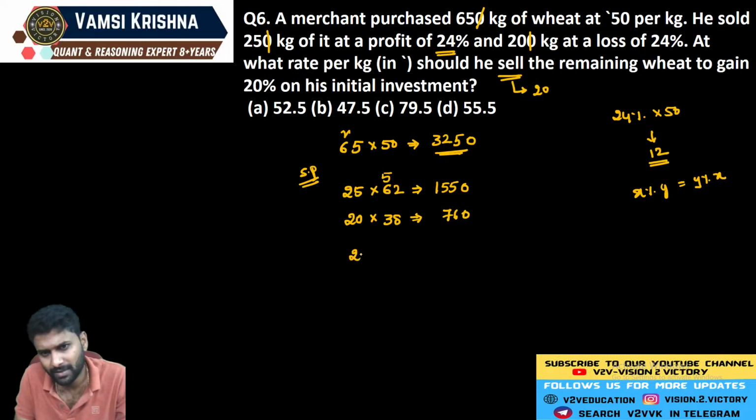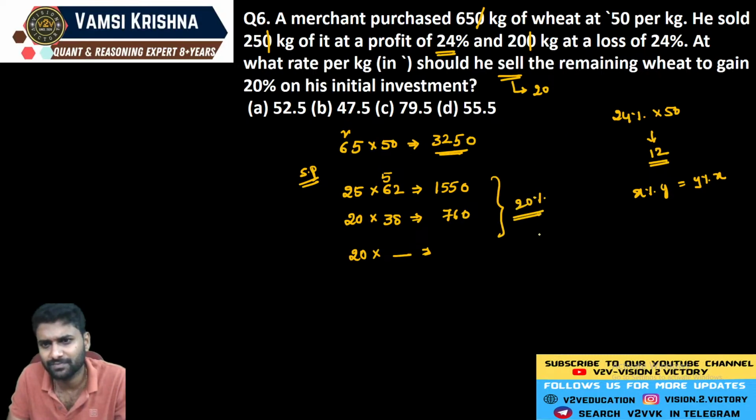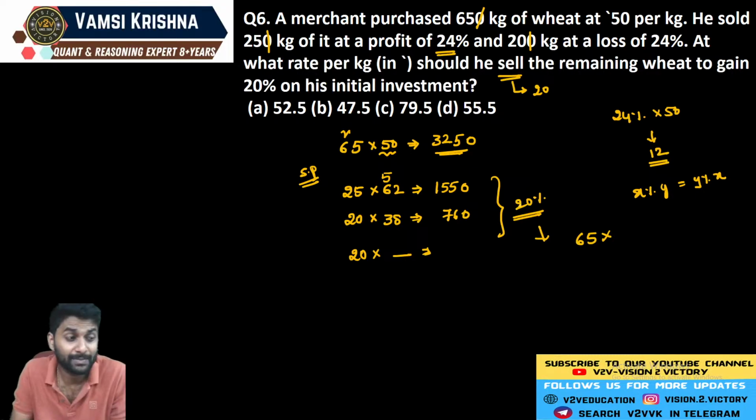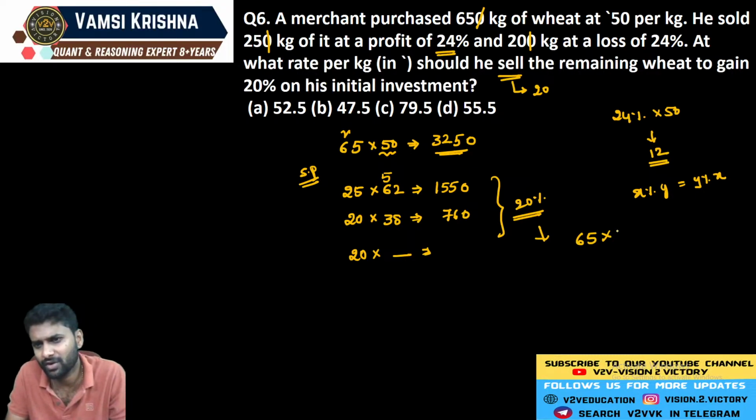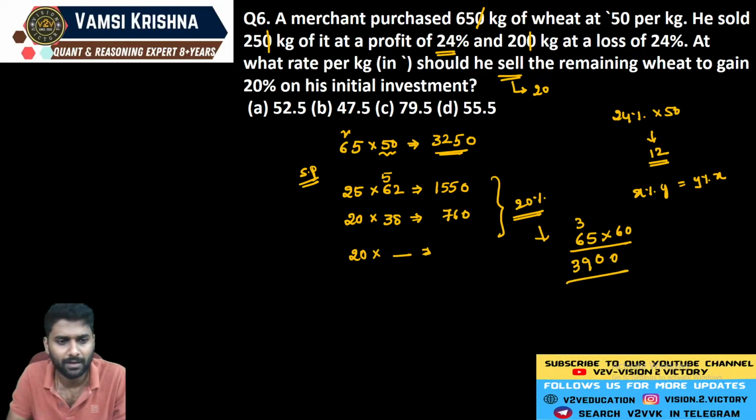Now what about the remaining one? They sell it to get overall a profit equal to 20%. Now see, we'll do one thing. Now 65 is multiplied by 50 rupees. If you want 20% as a profit, now you are going to sell for 60 rupees. 6 × 5 is 30, 6 × 6 is 36. Now we want 3,900.